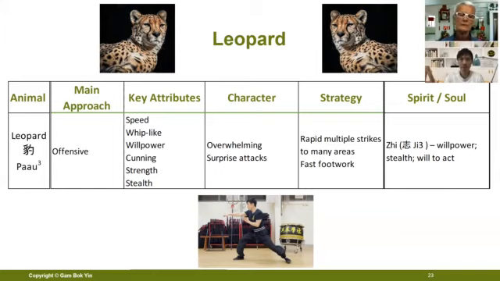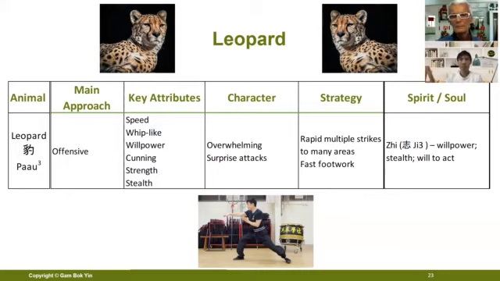And the leopard has both, but we tend to see it as a predominantly soft approach, unless at the last moment it's attacking something. And we do try to emulate this in a lot of our Hung Gar training. And so that's why I give it this whip-like definition.